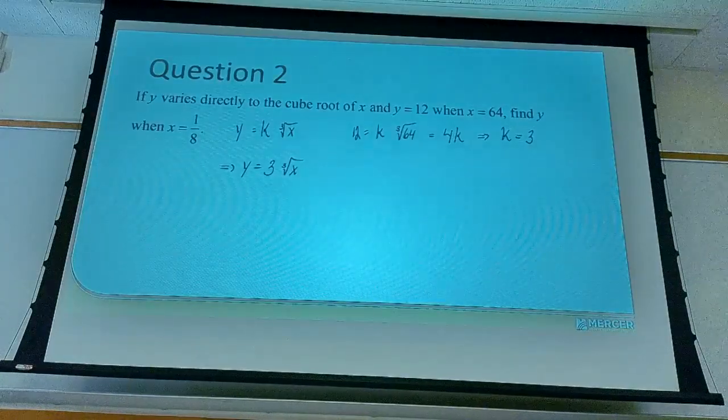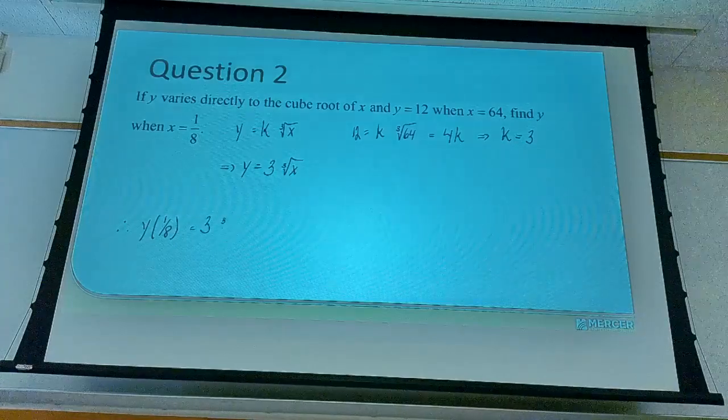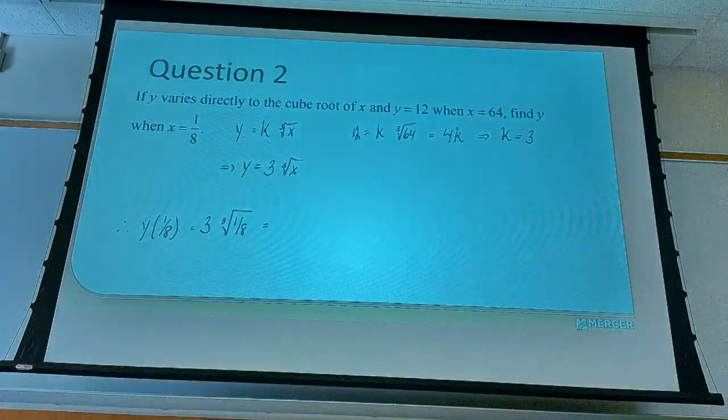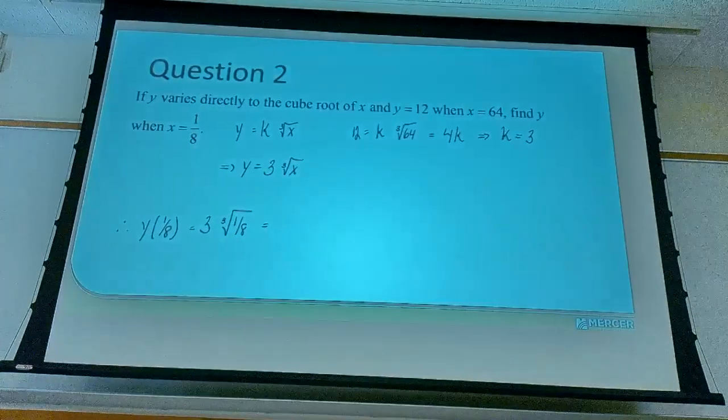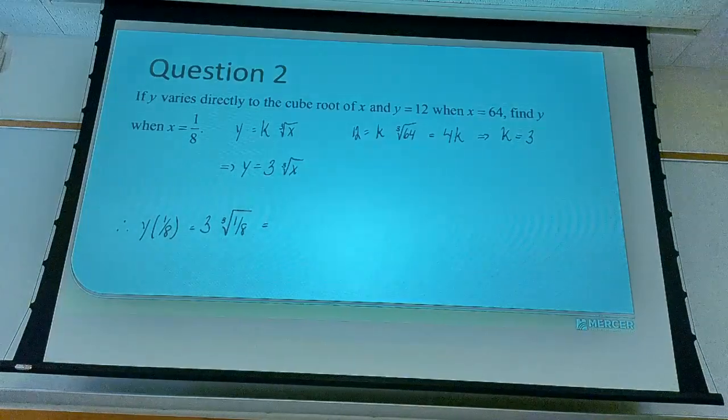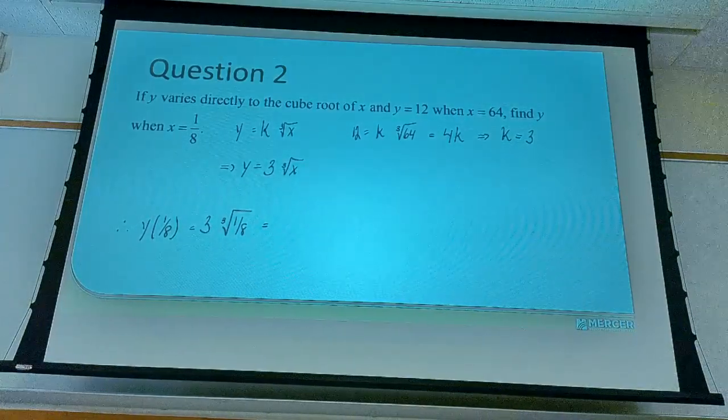Now, what is y when x is 1/8? Cube root of an eighth is what? It's cube root of 1 over cube root of 8.